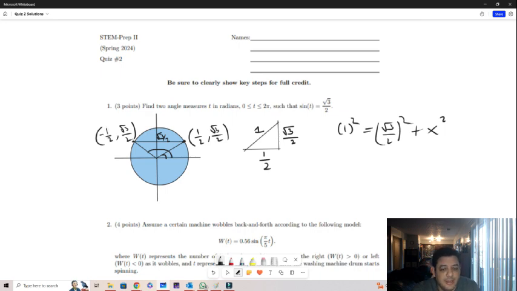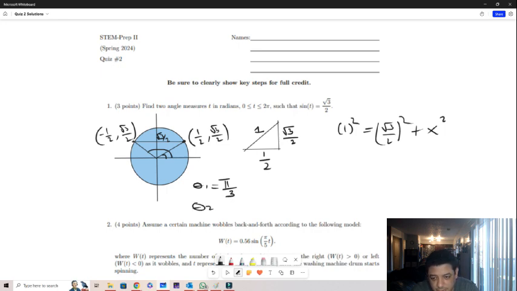So if we talk about what angle on the unit circle is going to give me this point, then you can easily find that theta 1, which is this small one, is going to be 60 degrees, or pi over 3, since we're being asked for radians.